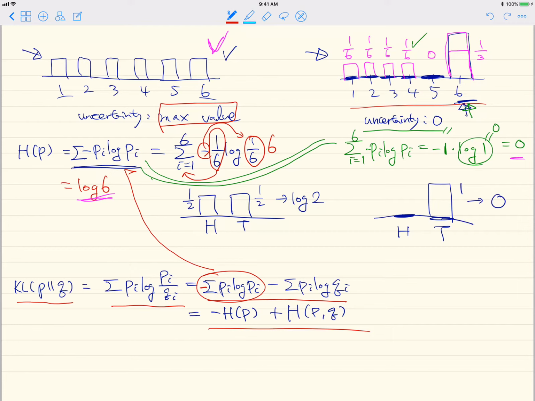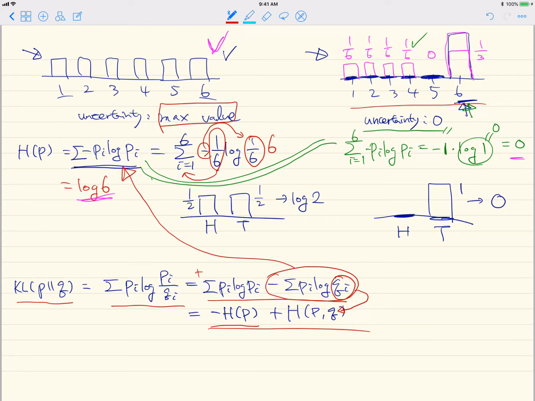And so the positive version can be viewed as this, right? And then this part is almost similar to this one, right? But in place of p_i, we instead use the probability value from another distribution q, right?